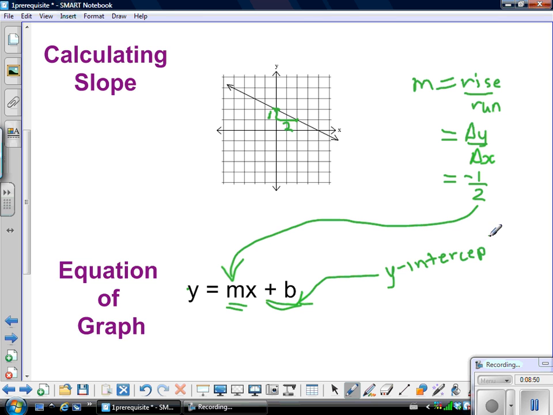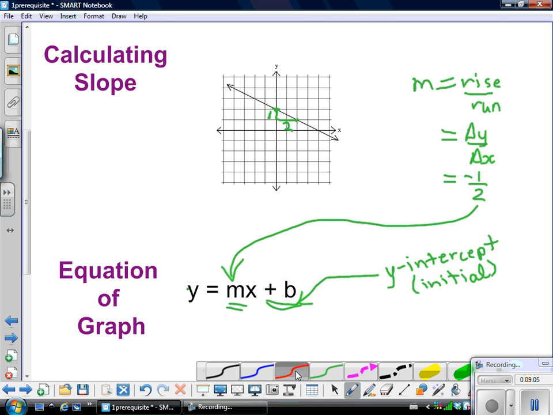You could also call it the initial or starting.